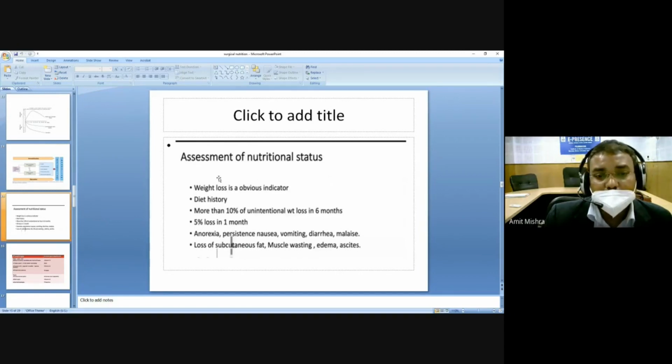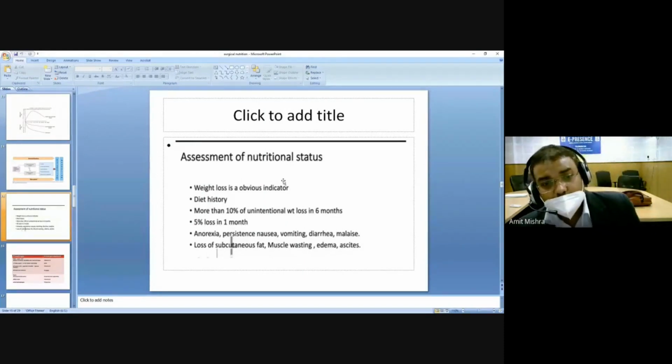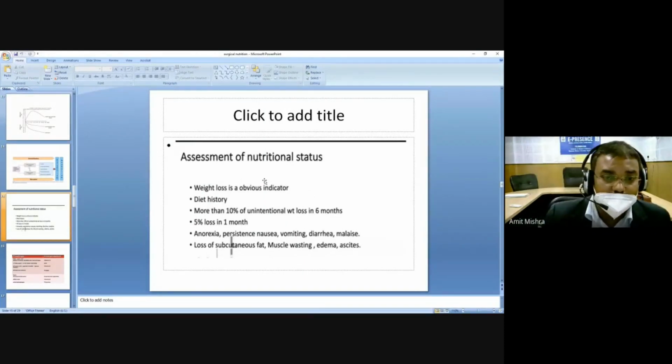In assessment of the nutritional status, there are 4 or 5 important points. You should know that weight loss is an obvious indicator. If there is weight loss, it is one of the important indicators of the nutritional status.